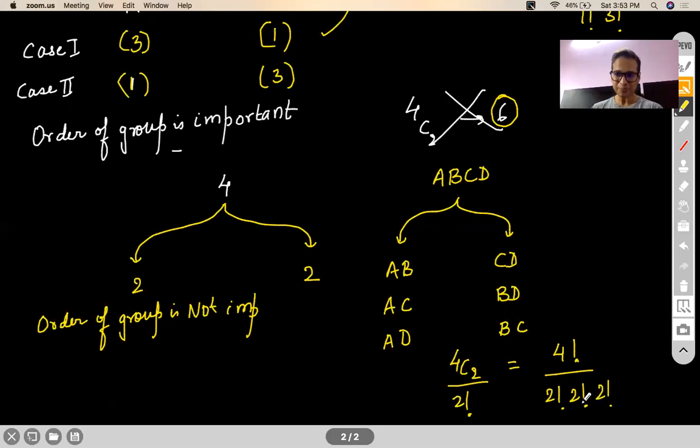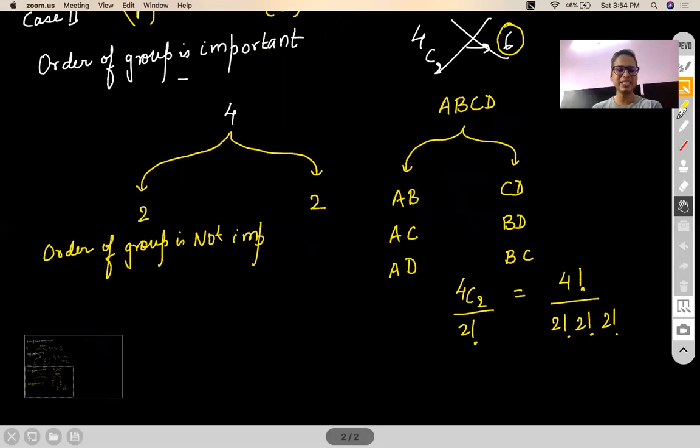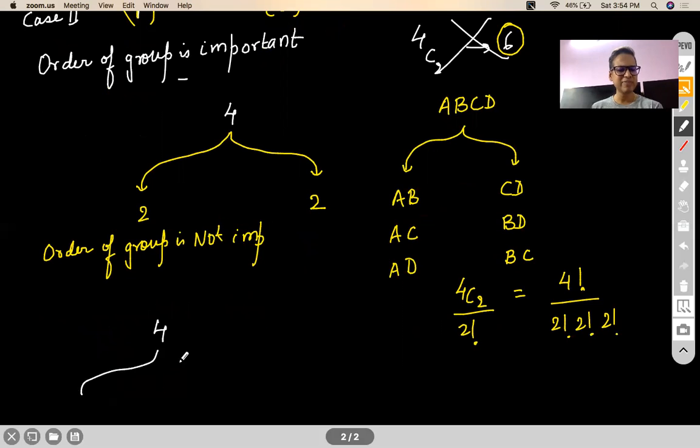Getting my point? Now the very same scenario, again I'll take one more case. See, I'm taking so many cases just to highlight the difference between these different concepts that may come to you. I'm dividing it into two groups of two people each, such that order of the group is important.